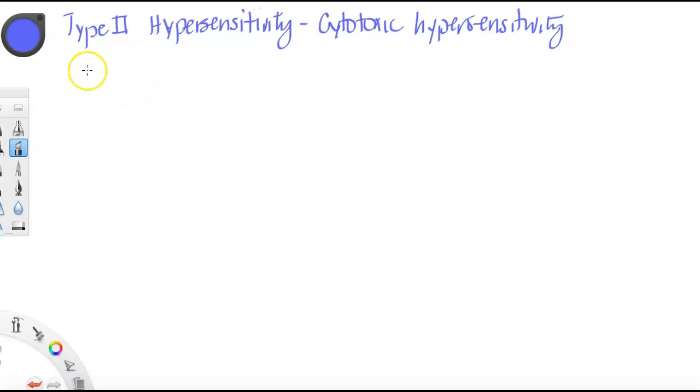So this again is antibody mediated, and basically the antibody binds to healthy cells and then targets them for destruction.